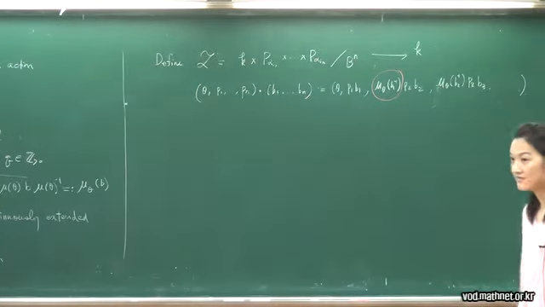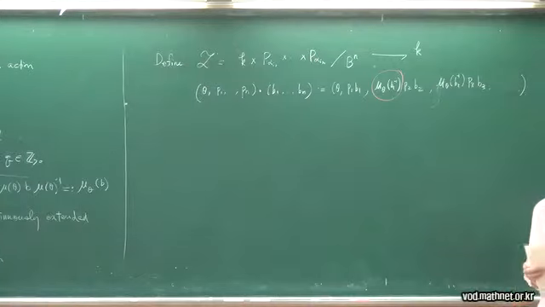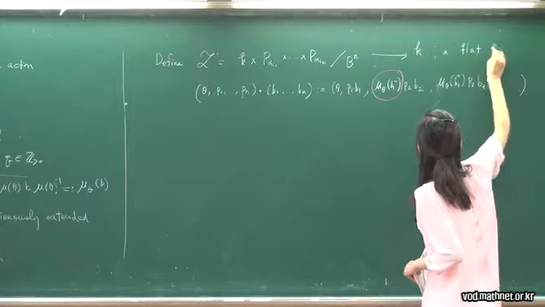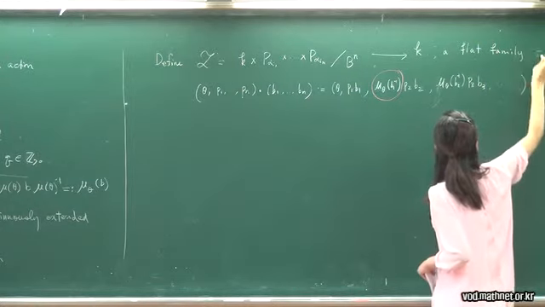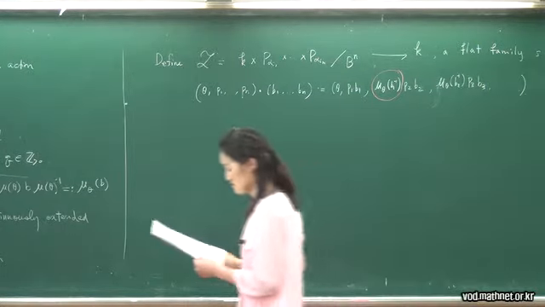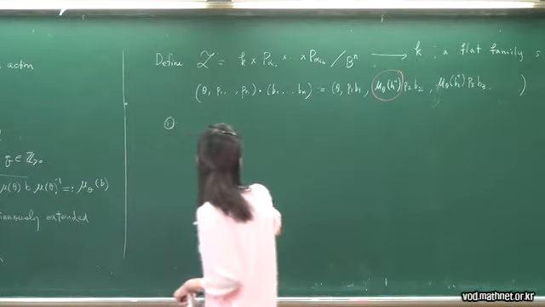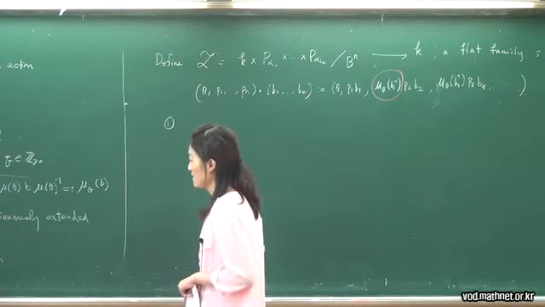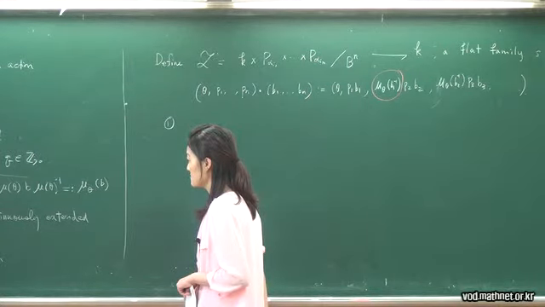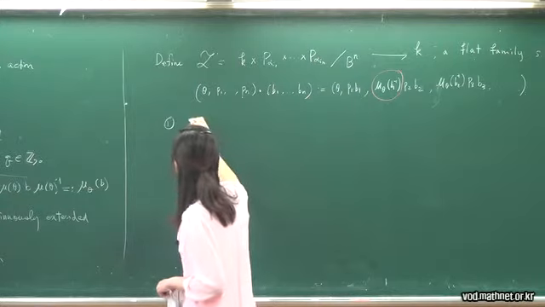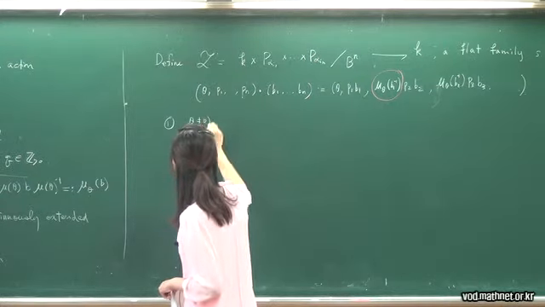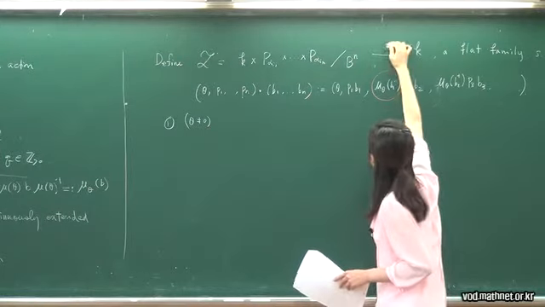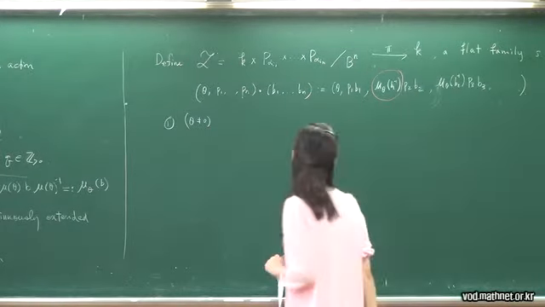Now, this is a flat family. Suppose I denote that map by pi.